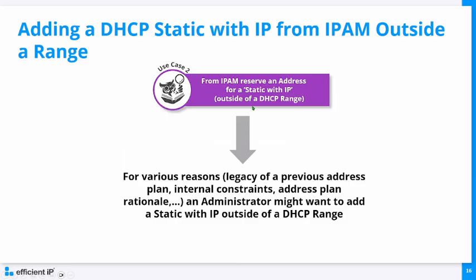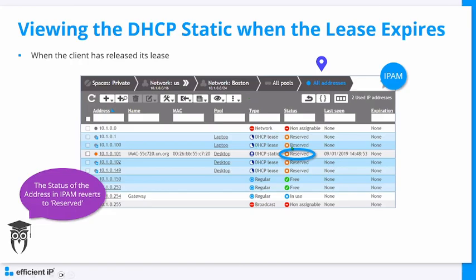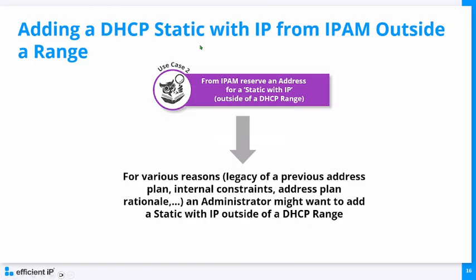Fine. Now, you can add a static IP outside the range, as I mentioned. Just now, you saw we added a static IP inside the range. Now, as I mentioned, you can also add a static IP outside the range, meaning in the scope. This is legacy, and you hardly use it.